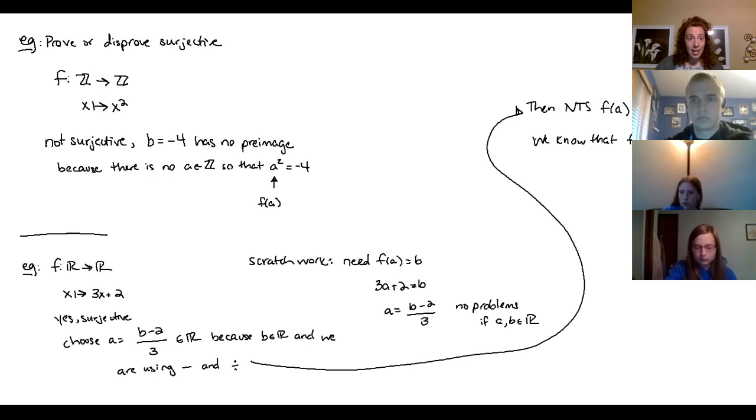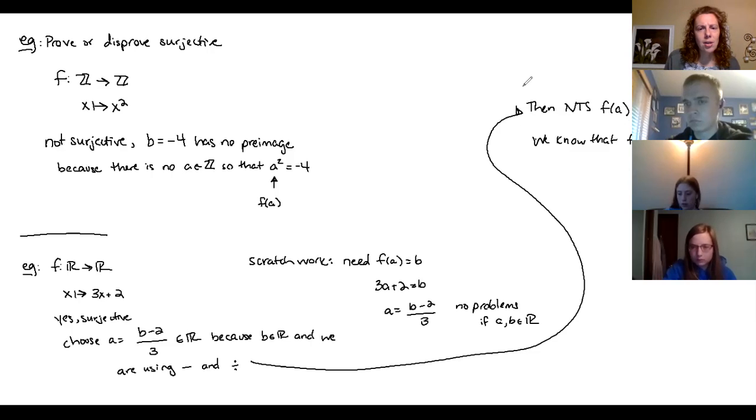And then I picked an a, so I can plug in. So this is 3 times (b minus 2) over 3, plus 2. That's what I picked my a to equal. So if we do some multiplication out, we've got b minus 2 plus 2, which is equal to b.